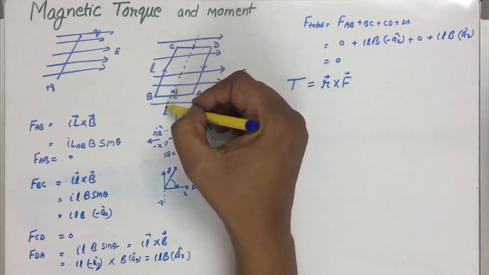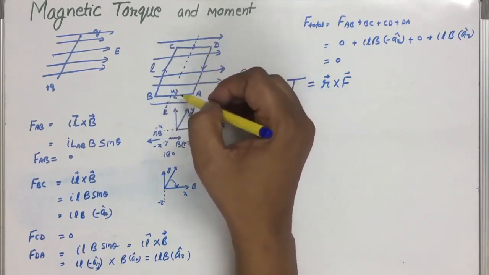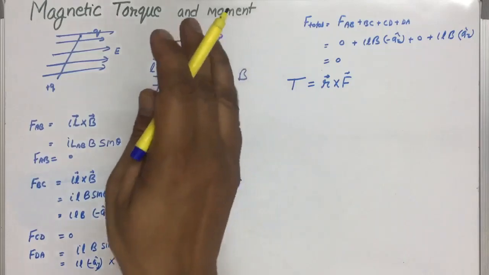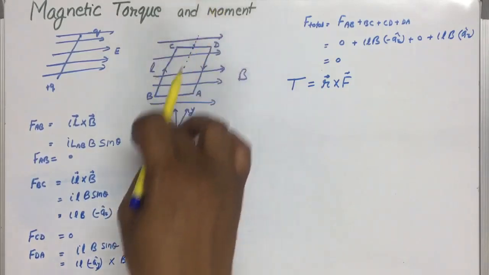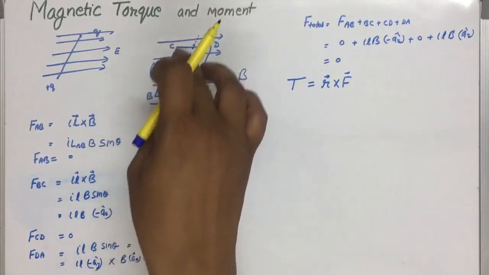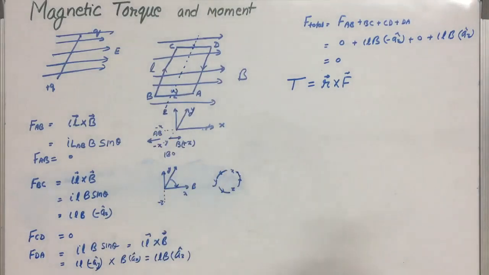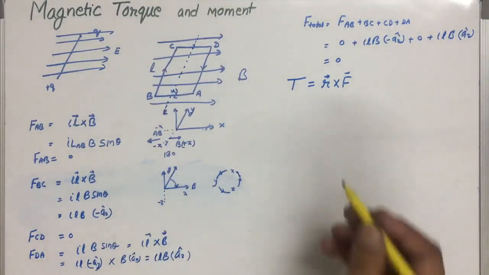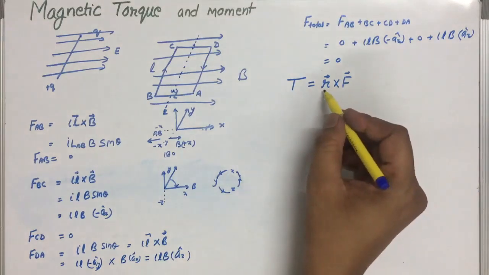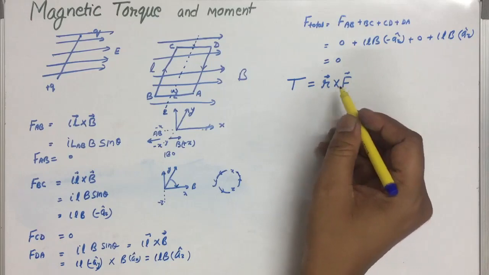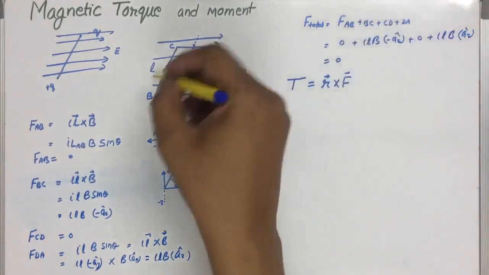For example, consider this axis, and we have to find the torque at this loop, considering this as the axis of the force. So for that purpose, we will try to find the R cross F for each force acting on this.